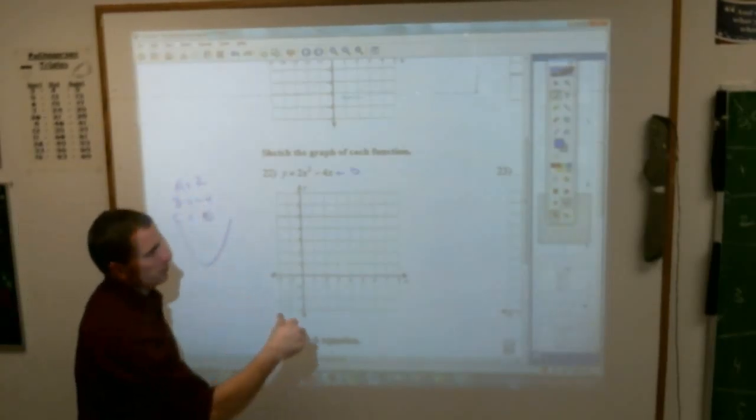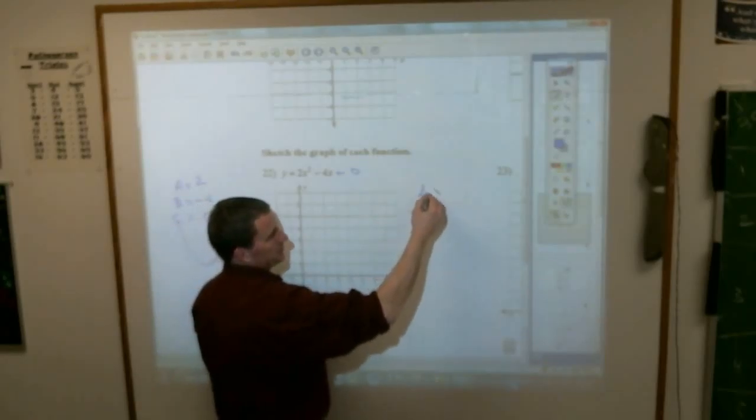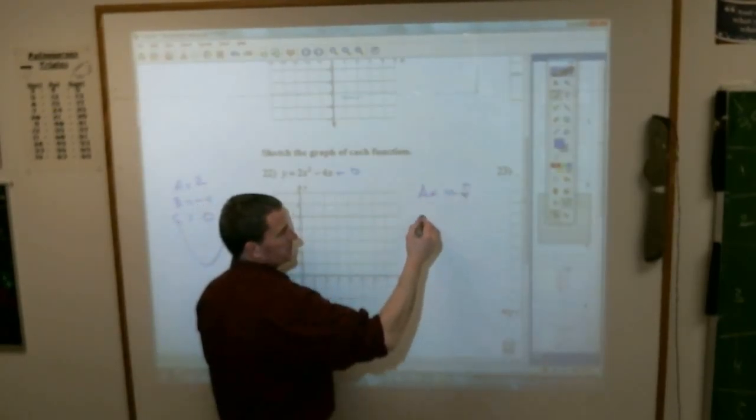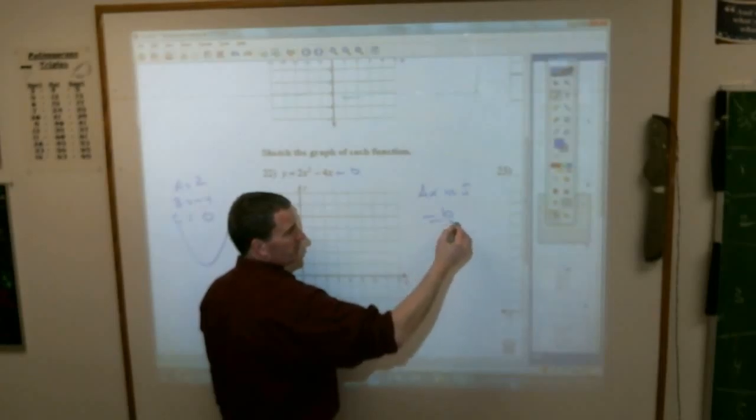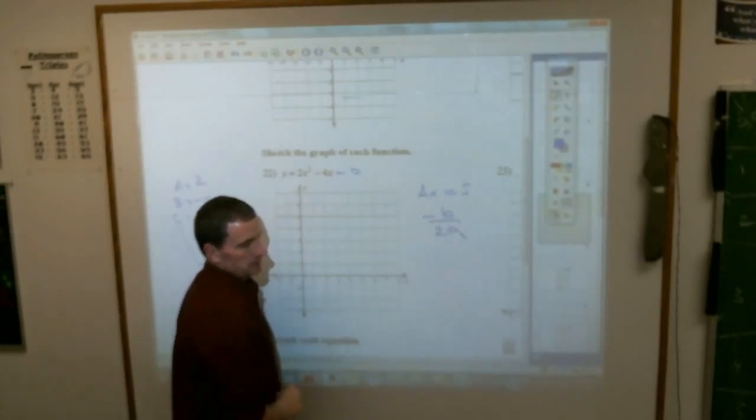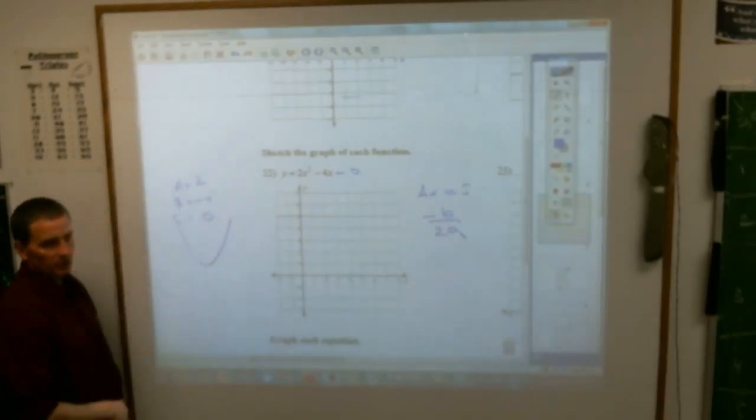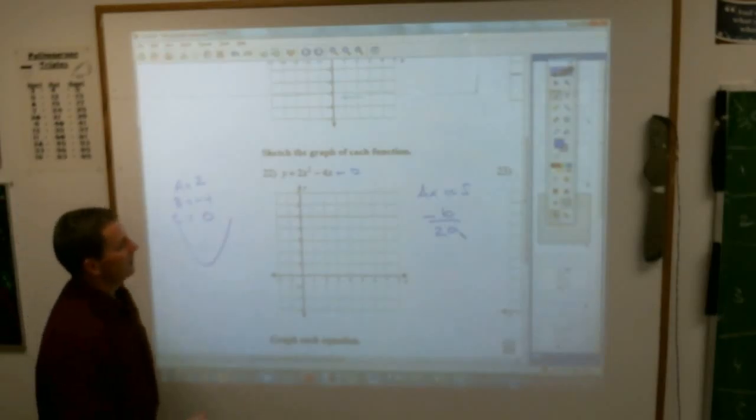After you establish this, you need to find the axis of symmetry, which is what you get when you have negative b over 2a. Some people don't like to write that out, and they find themselves getting it wrong because they don't write it out.